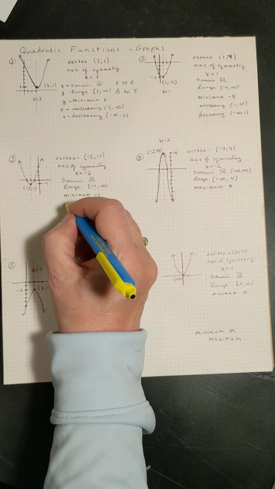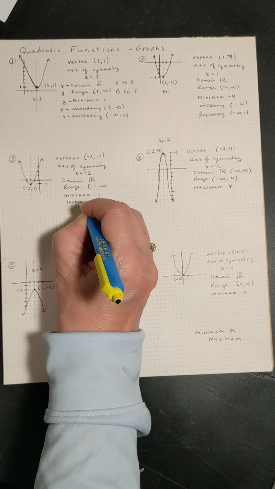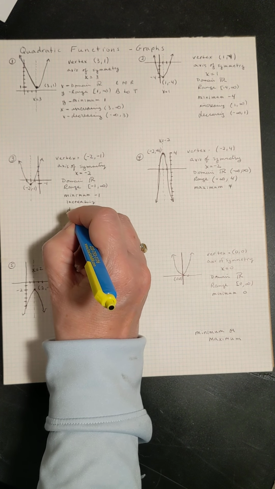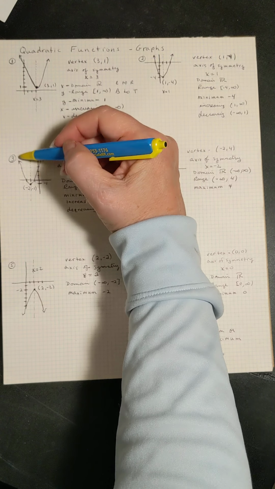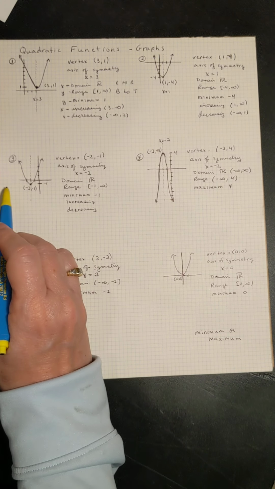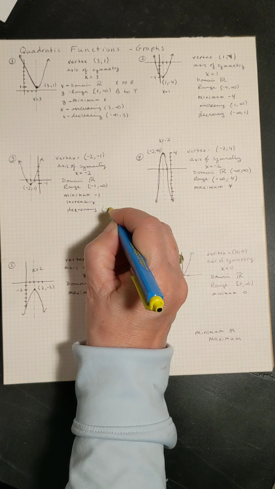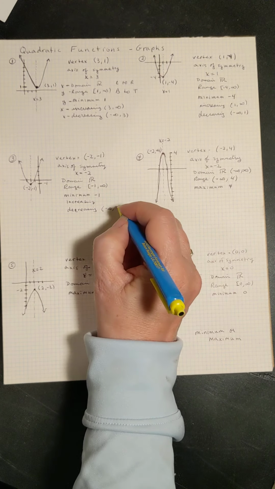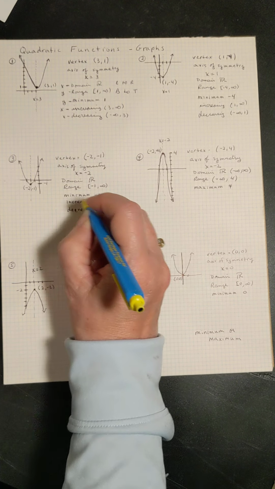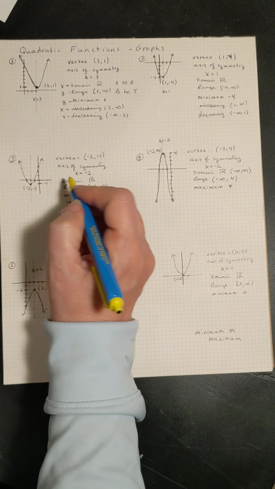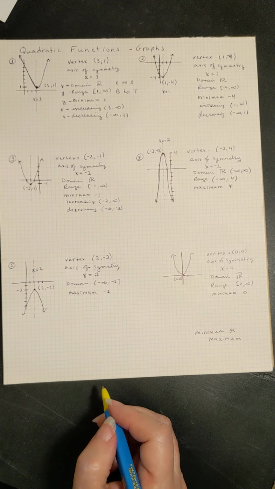Okay, so this one, where is it increasing and where is it decreasing? So let's see, from here it's going down. So on my x-axis it starts at -infinity and it's decreasing till I get to -2. And remember, these are always my x coordinates. And then starting at -2, it starts to increase. And it increases all the way to infinity.